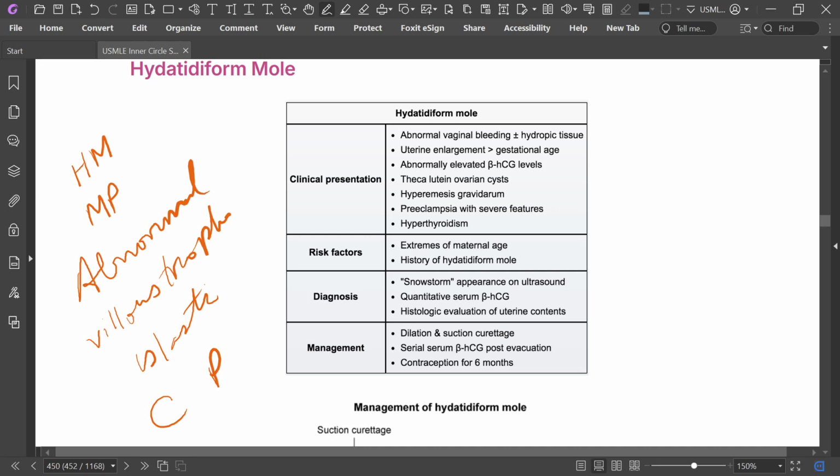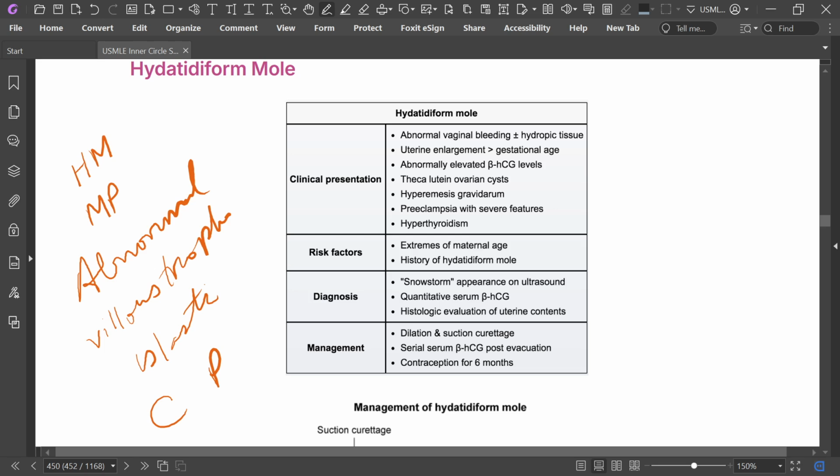Hydatidiform moles develop from abnormal fertilization that results in excess paternally derived genetic material, which leads to abnormal placental trophoblastic proliferation and impaired fetal development.